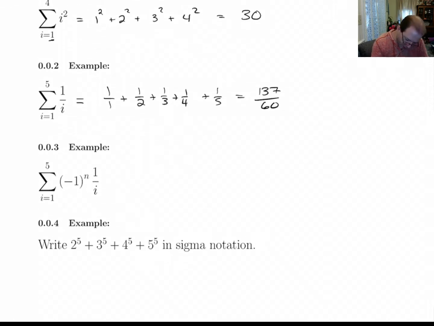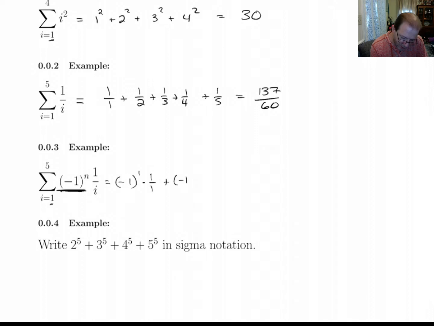Let's see, this one down here. Notice this negative 1 raised to the n power. What that does is it makes the series alternate, or the terms are going to alternate. So when I is 1, we get negative 1 to the first power times 1 over 1.